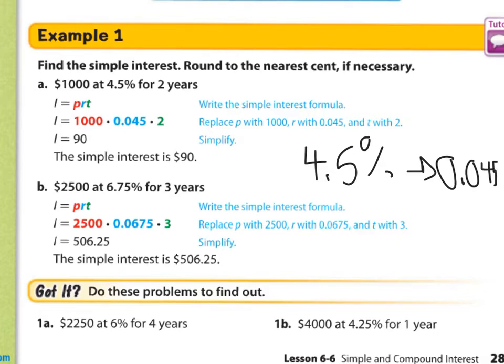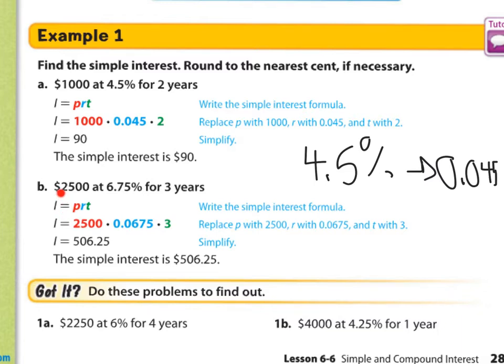And then time would be 2 years. So we are going to multiply $1,000 times the rate, converted into a decimal, times the time. And that's going to give us $90. So after 2 years of having your $1,000 in a savings account at 4.5%, you're only going to make $90 on that amount of money. So the simple interest is $90. You can tack that onto that $1,000 and you would have $1,090 after 2 years.